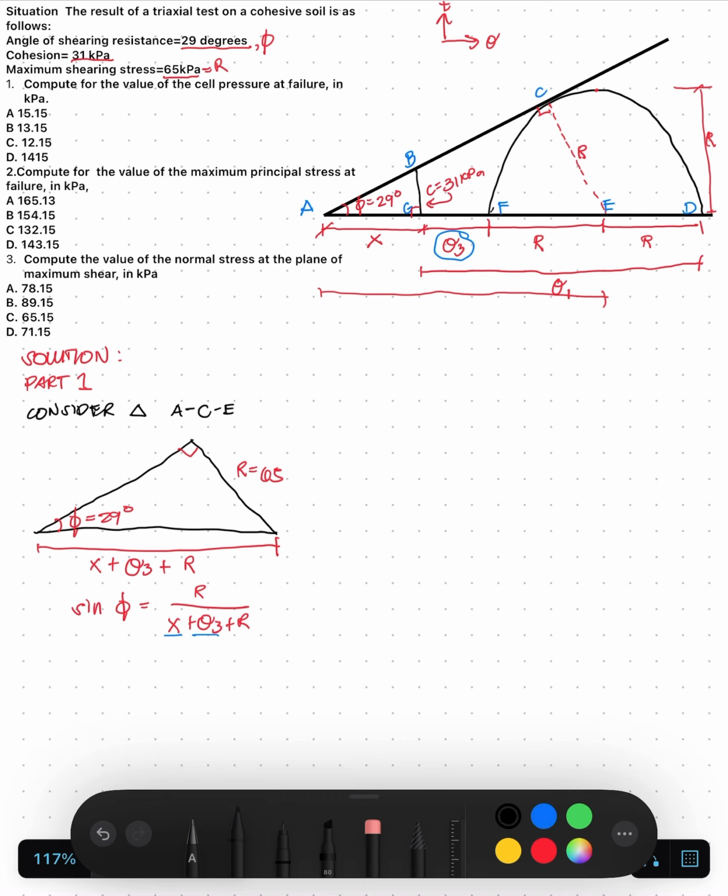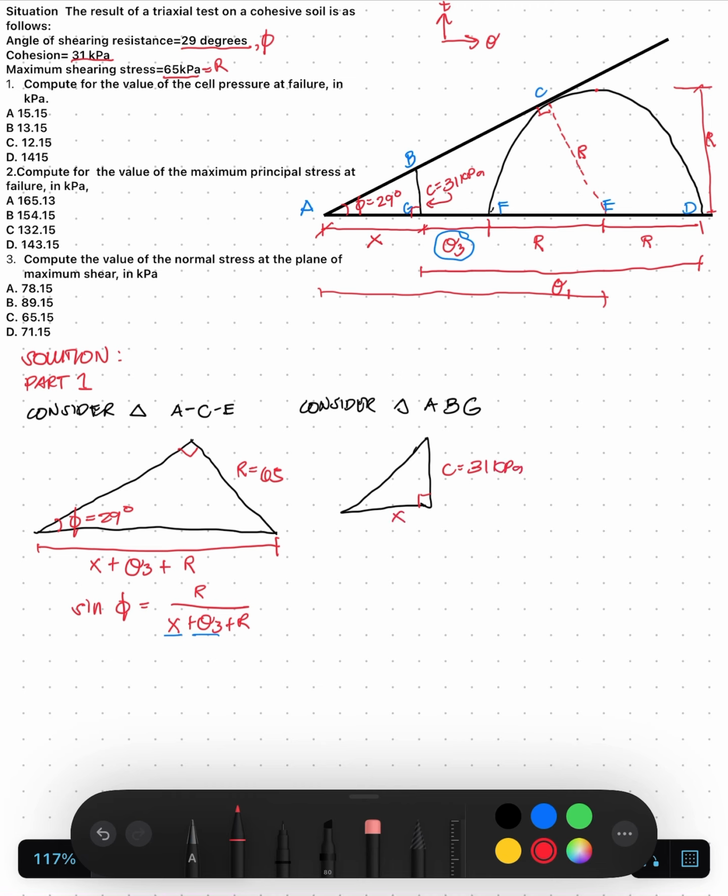So consider triangle ABG. This is a 90-degree triangle. So this is C, equal to 31 kPa.